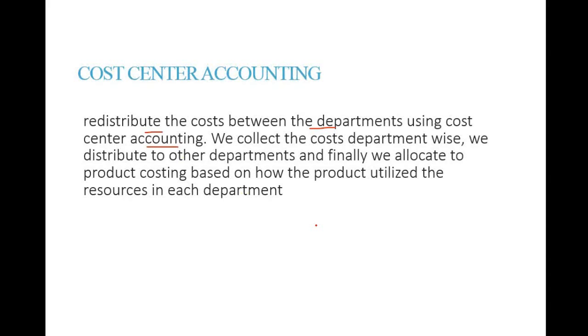In cost center accounting, we analyze the cost by using cost elements, and we distribute and redistribute the cost between departments, and finally we allocate the values to the product cost. We analyze how we are utilizing the cost centers and how the resources of each cost center are used.